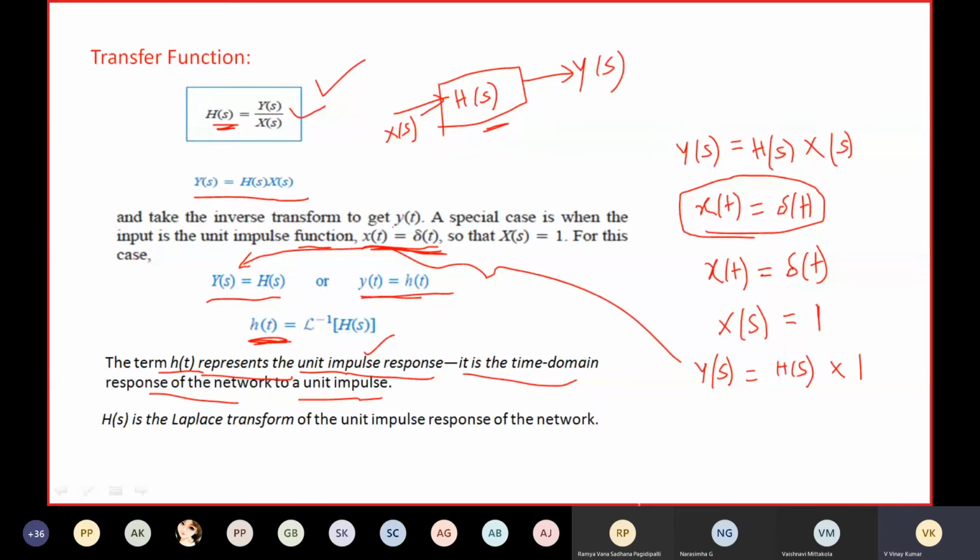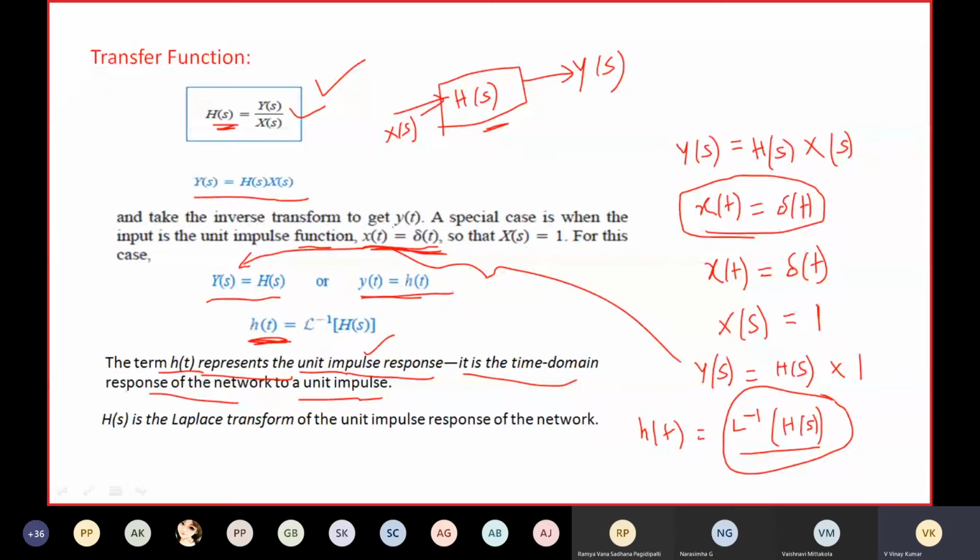If you are asked to find the unit impulse response, simply h of t is equal to the Laplace inverse of h of s. Means the unit impulse response is equal to the Laplace inverse of the transfer function.